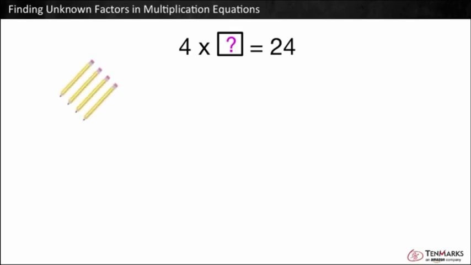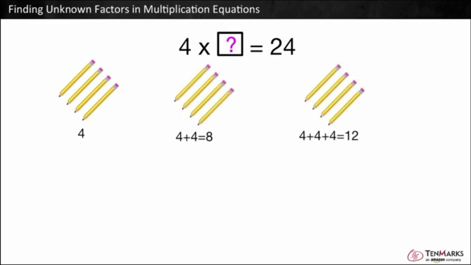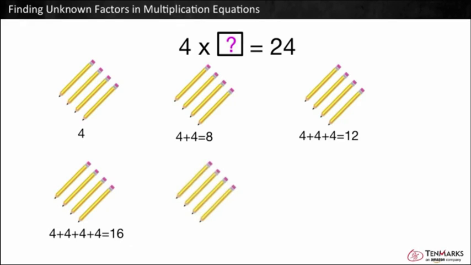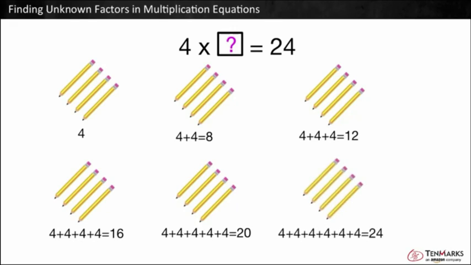One group of 4 is 4. Two groups would be 4 plus 4, which is equal to 8. Three groups, 4 plus 4 plus 4 is equal to 12. Then 4 groups, 4 plus 4 plus 4 plus 4 is equal to 16. Then we have our fifth group, which would be 4 added 5 times equals 20. And our sixth group, which is 4 added 6 times, and that equals 24.